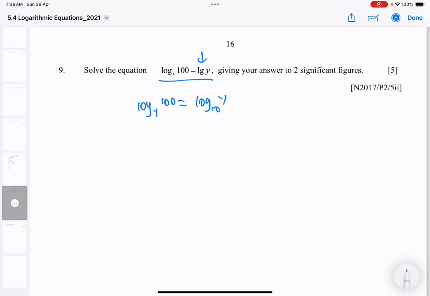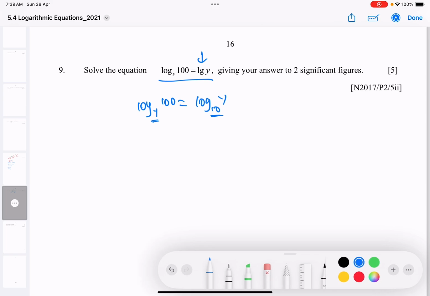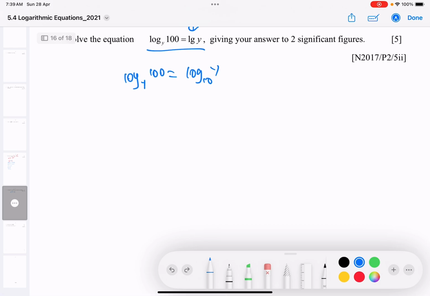If you don't know what to change to, there is a certain sequence that we follow. Number 1, we will always try to change the base to the smallest number. In this case, I have 10 and y, so it's natural for me to change this into log base 10.